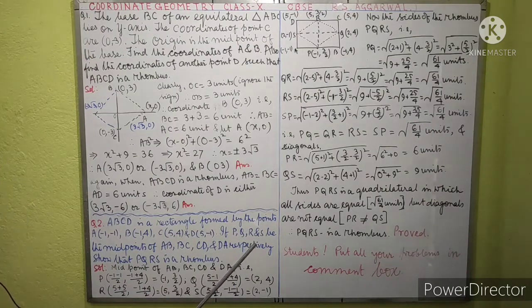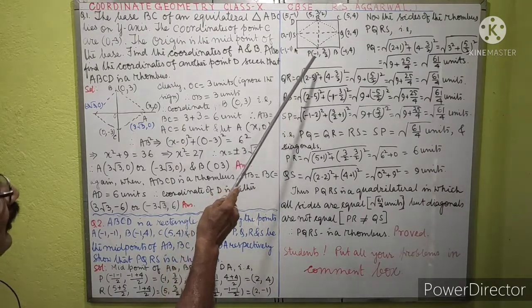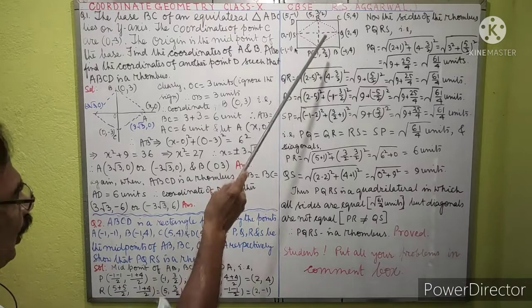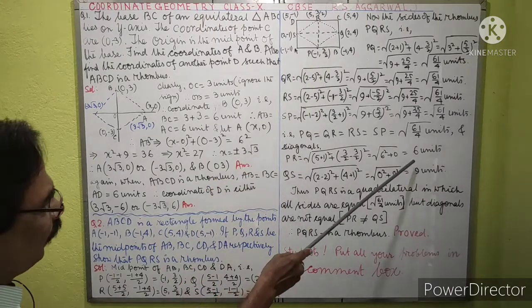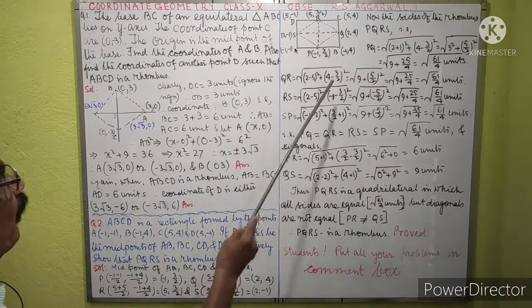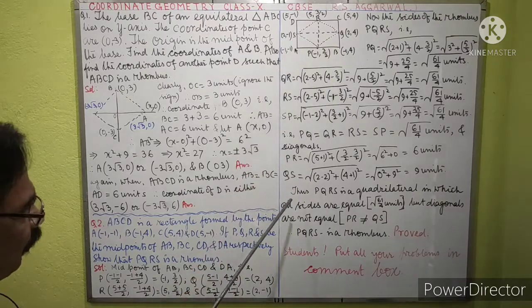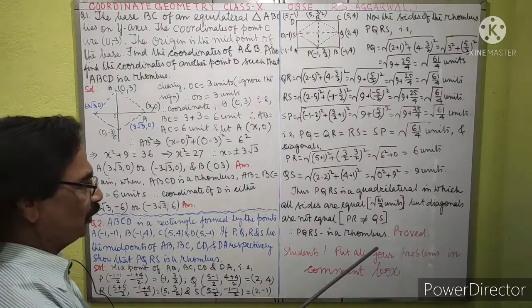Now we have to show that the diagonals are not equal. By the distance formula, PR equals 6 units, and QS, according to the distance formula, is 9 units.